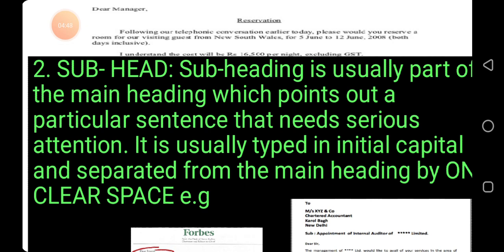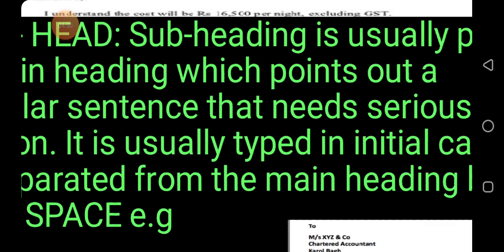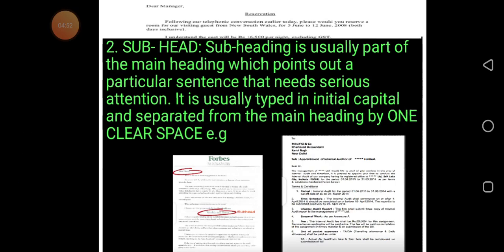Having said that, let's look into the next one, which is called the subheading. Your subheading is usually part of the main heading. What we mean by that is, most information is laid out in the style of a report.